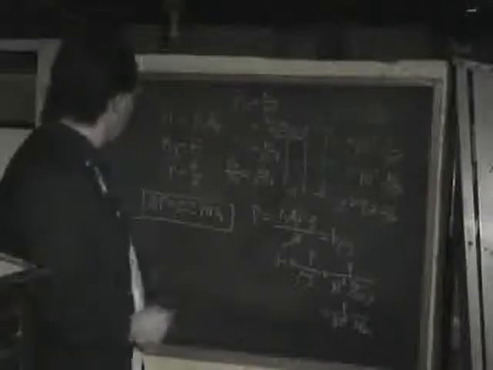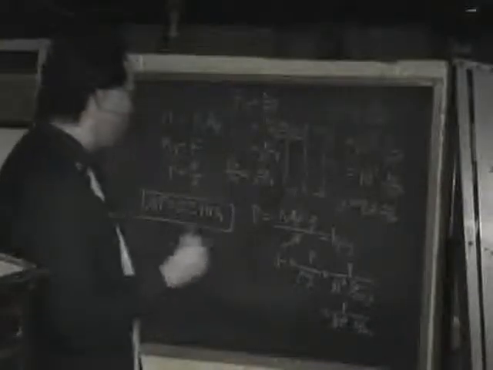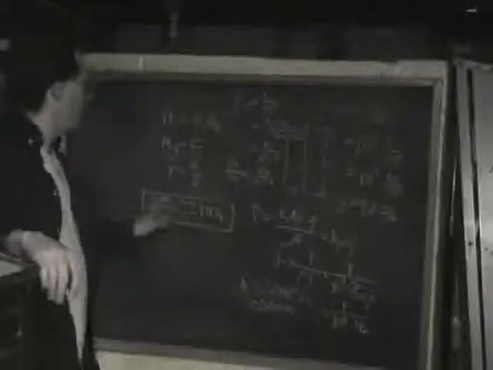So plugging in 2.2 megapascals, which is 2.2 times 10 to the 6th over 10 to the 4th, that's going to give us a height of 2.2 times 10 squared meters, or roughly 220 meters. So a pressure of 2.2 megapascals corresponds to a column of water 220 meters high.